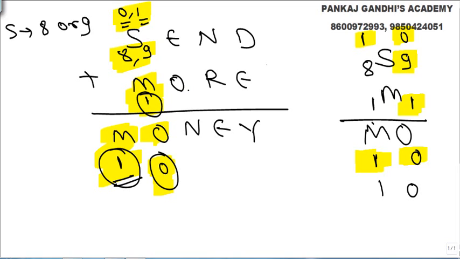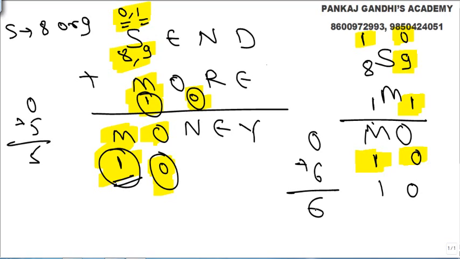Now we have got one more important tool. We know O is 0. If we know O is 0, simply we know 0 plus 5 is 5, 0 plus 6 is 6. So what do we know?